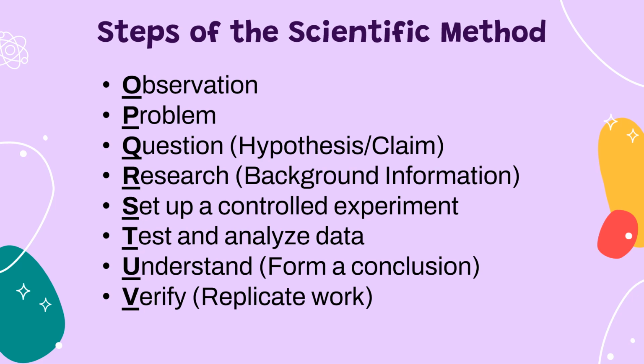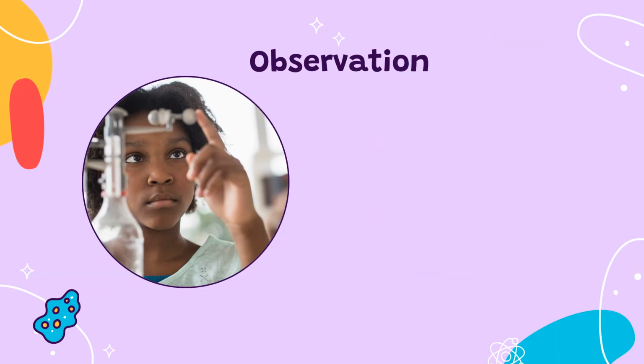So let's break down some of these steps even further so that we're sure we know what we're talking about here. Starting with observation. Observation, as I keep saying, is your first step. You are going out into the world, you are looking at things, you are being curious about things.